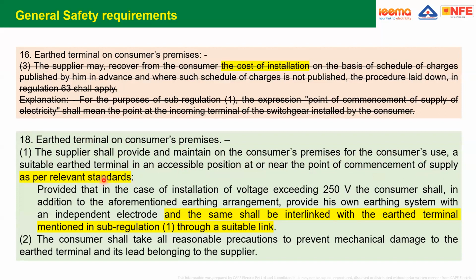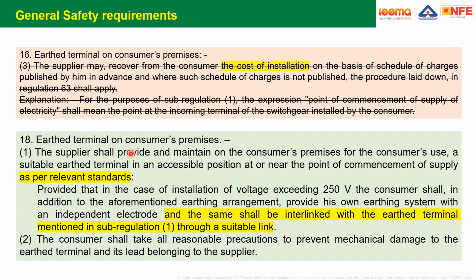So there is a little bit of change in this particular case, and provided that the condition of installation voltage exceeds 240 volt, just look at the place where I have highlighted: the same shall be interlinked with the earth terminal mentioned in sub-regulation 1 through a suitable link. So basically, the earthed terminal requirement means from the transformer. This is not applicable for our own consumption. This is for DISCOM, the distribution company.